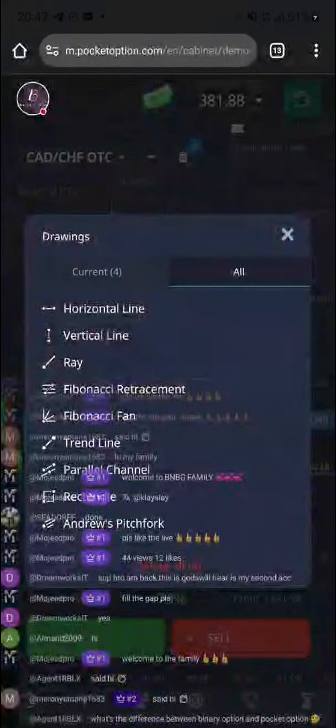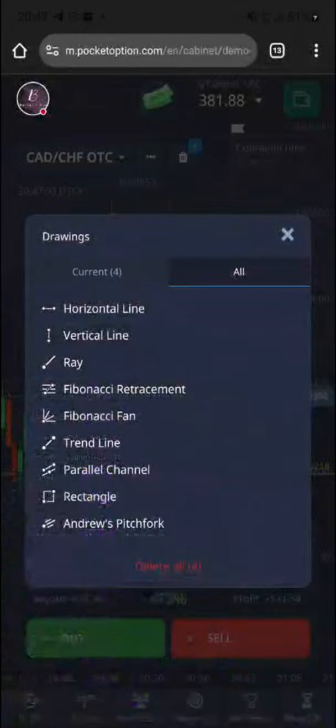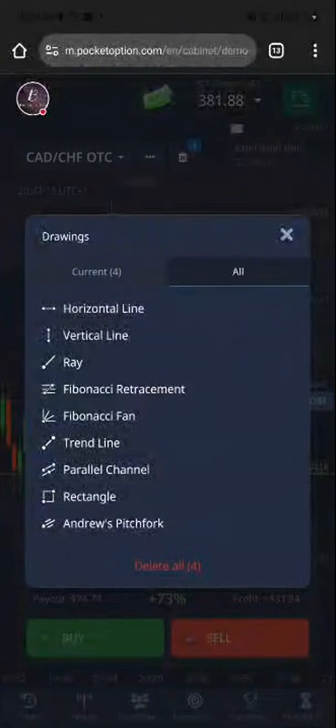What's the difference between binary option and Pocket Option? Binary option is the general term for the style of trading, binary options trading. Pocket Option is a broker. It's just a broker that offers binary option services.